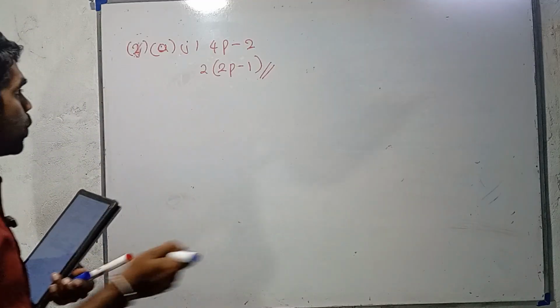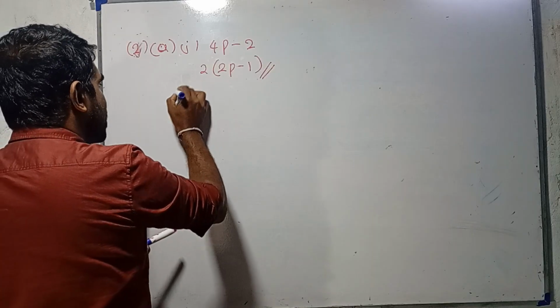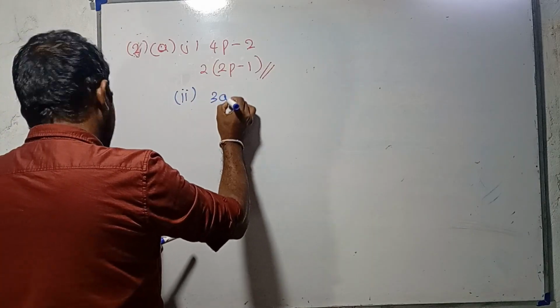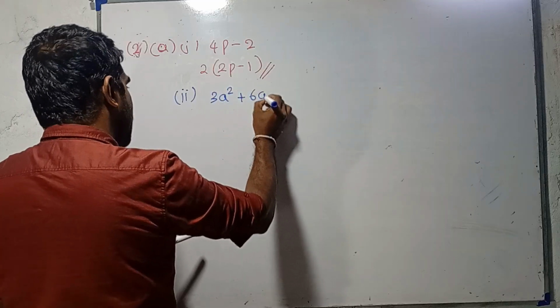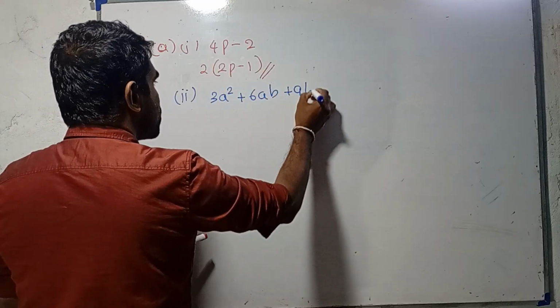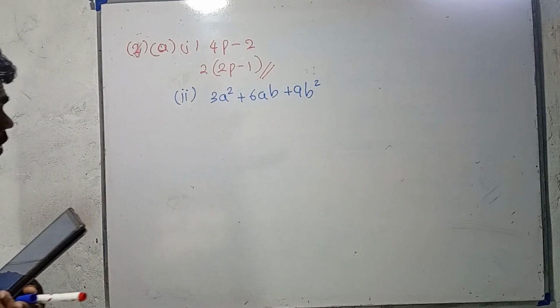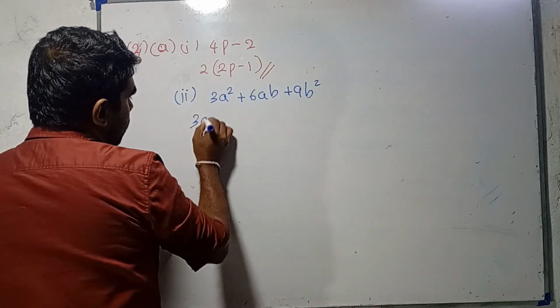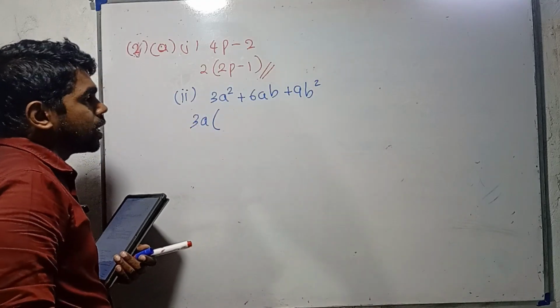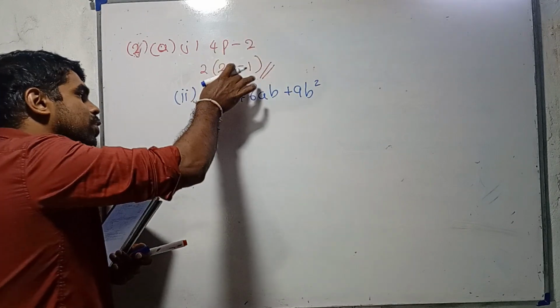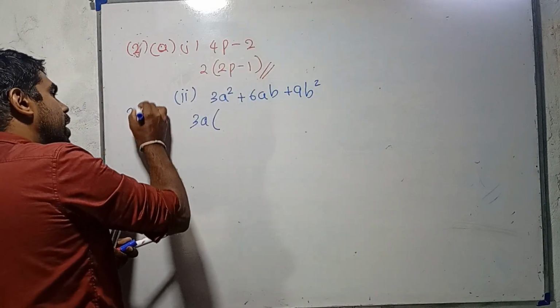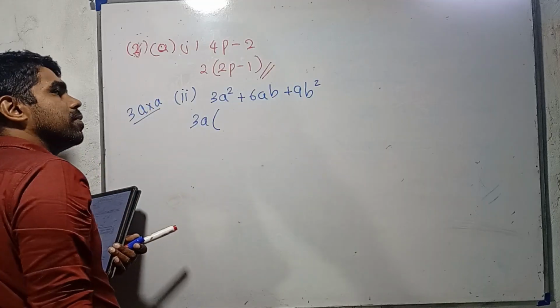Then part 2, again we have to factorize the given expression. It is 3a squared plus 6ab plus 9b squared. The highest common factor of the given 3 terms, 3a. Then we have to divide all terms by 3a. 3a squared divided by 3a. 3a squared means 3a into a.